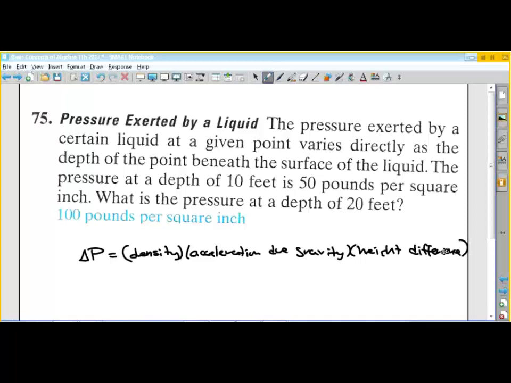So if you take a meter and make a cube out of that, the water in that cube weighs almost a ton. 1,000 kilograms is about 2,200 pounds, and 2,000 pounds is a ton. So a ton of water.